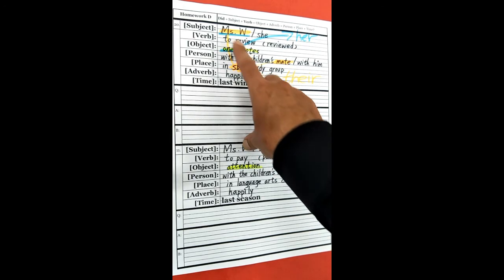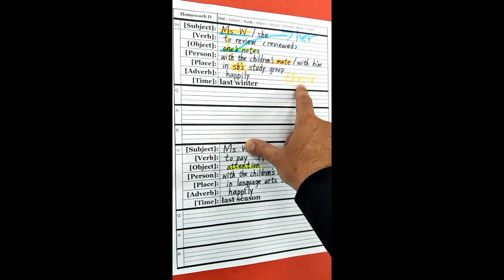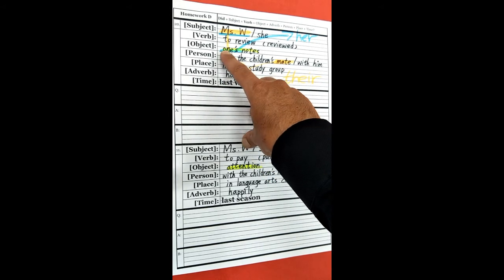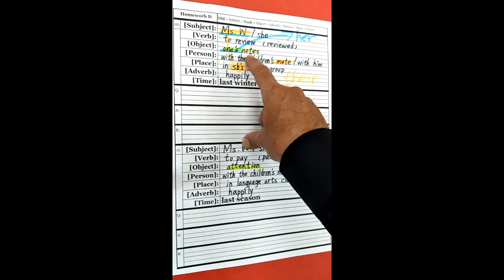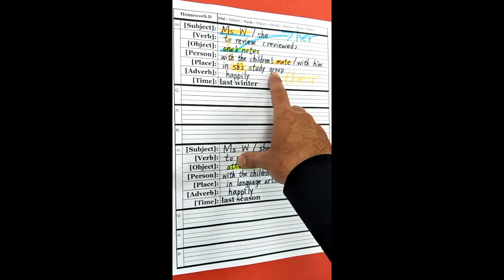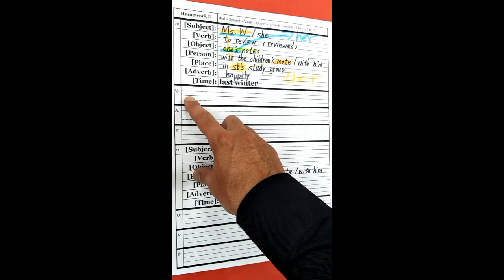Whose study group? Ms. W's study group. Mate's study group. Two people. They. Possessive. Their. In their study group. But here, Ms. W, these are her notes. So her notes. But their study group. Adverb, happily, time, last winter.